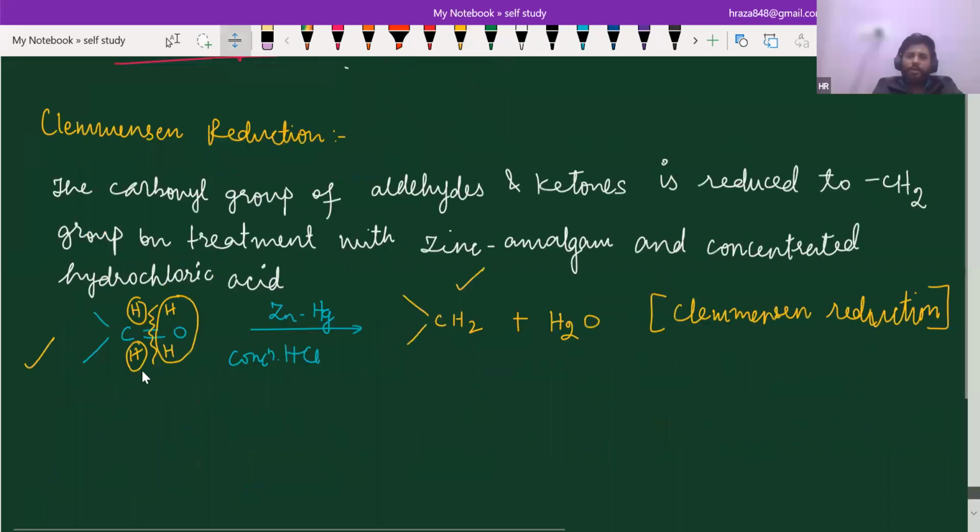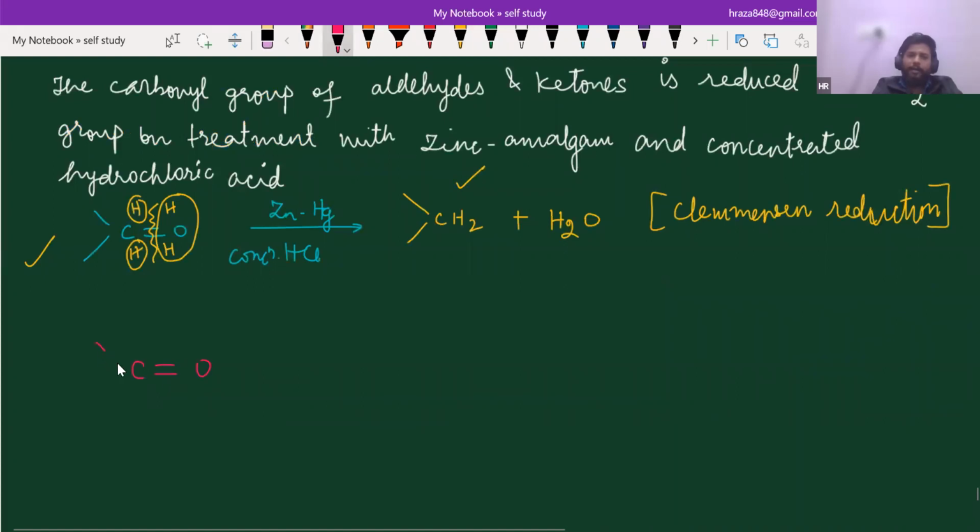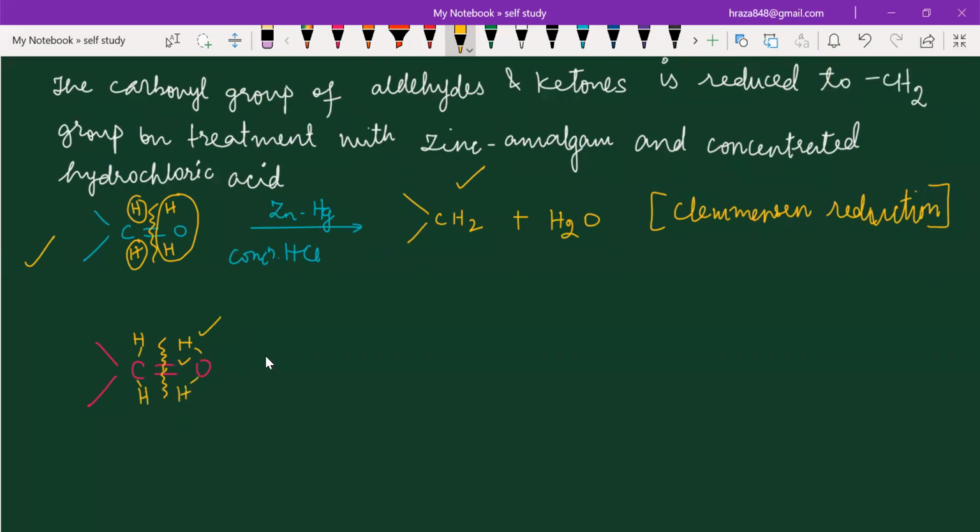In the previous question, we broke one of the bonds between carbon and oxygen and added 2 hydrogens. Here we broke 2 bonds, so for this bond we added 2 hydrogens, for this bond 2 more hydrogens. The hydrogens on the left hand side combine with this carbon, and the hydrogens on the right hand side combine with oxygen. Is that clear? Yes, sir.